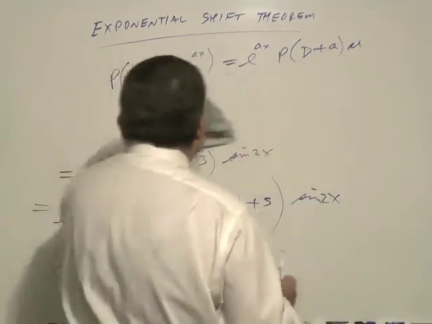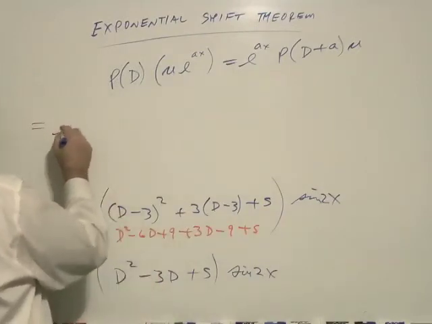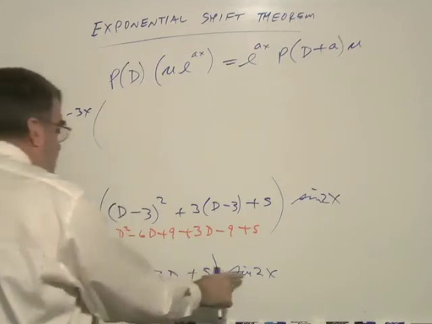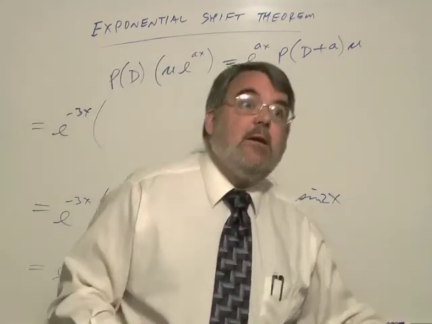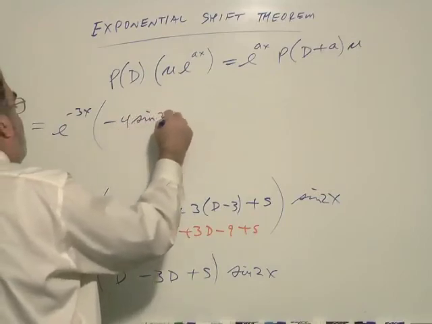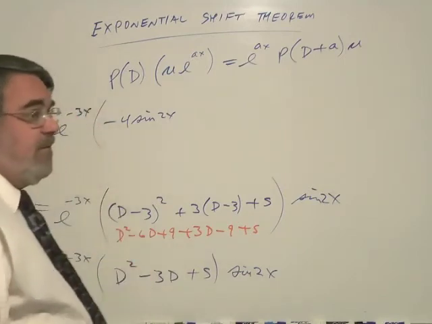So this would end up being e to the negative 3x. And the second derivative of sine 2x will be minus 4 sine 2x. And then minus 3 times the first derivative.